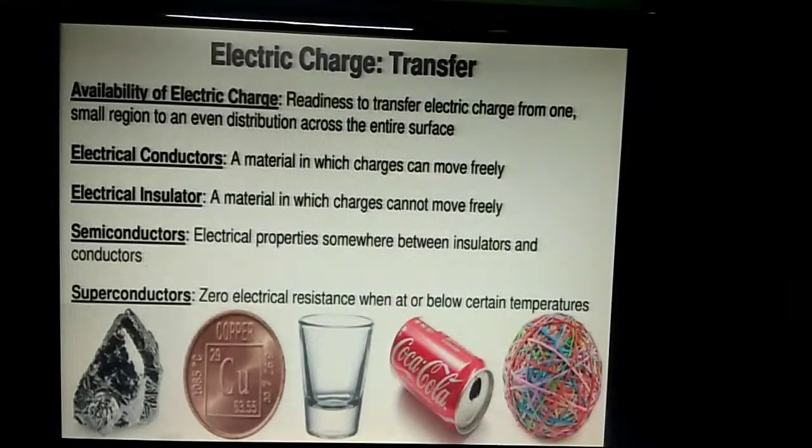Semiconductors are in between electrical conductors and insulators. Superconductors have zero electrical resistance at or below certain temperatures.